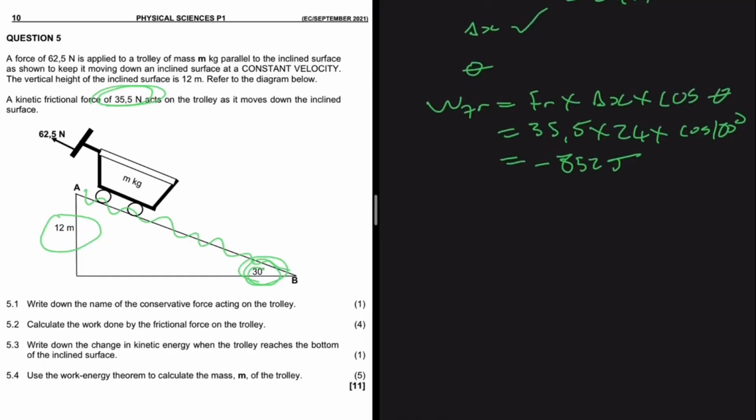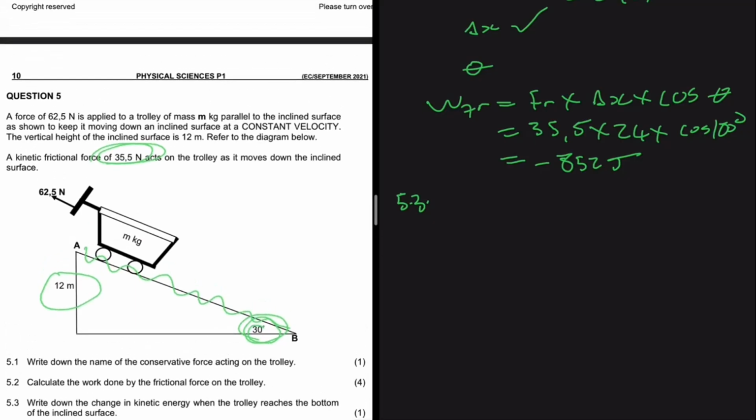Now let's do 5.3. 5.3 says write down the change in kinetic energy when the trolley reaches the bottom of the inclined surface. Let's go back to our statement again. We have constant velocity here.